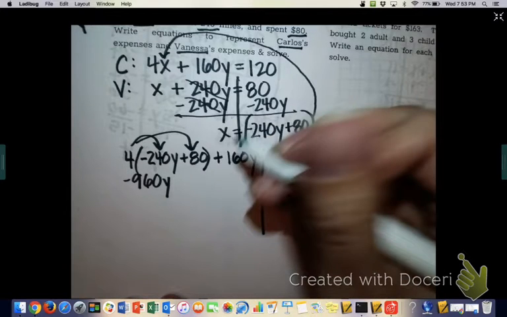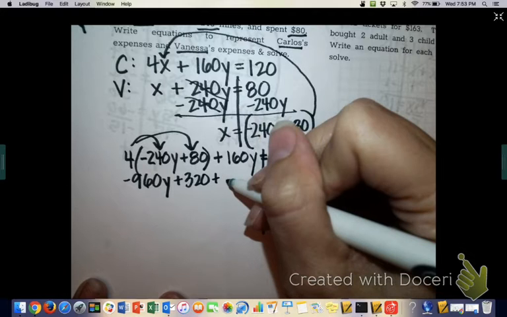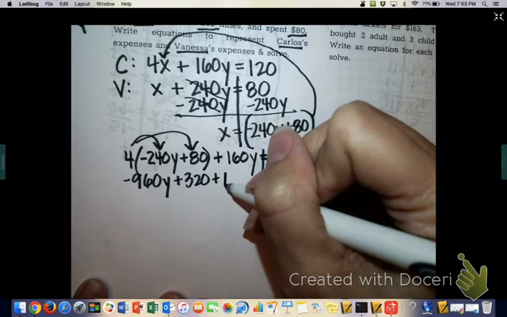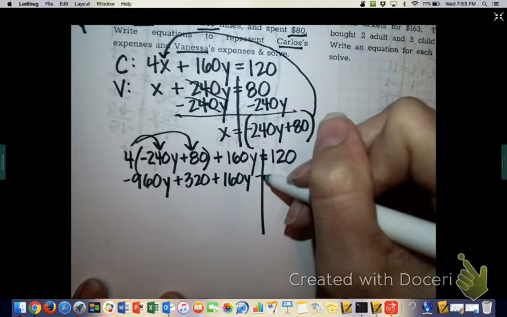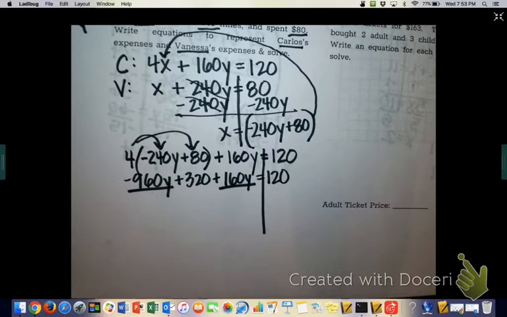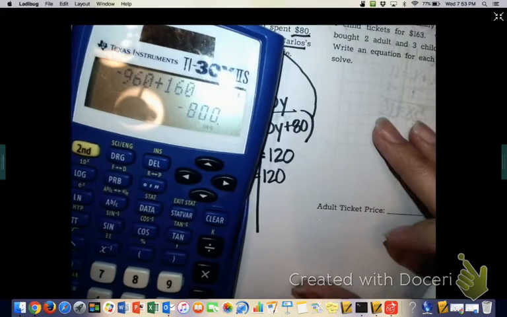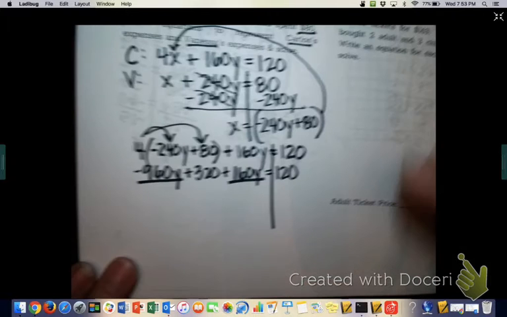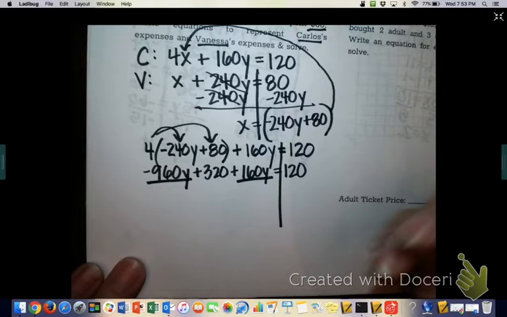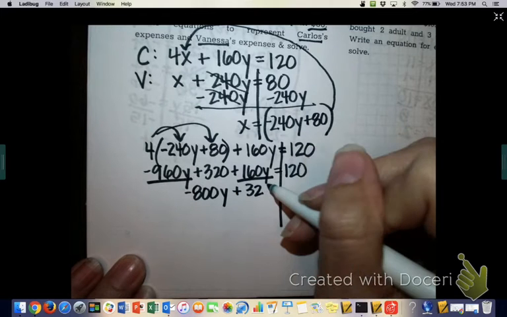So plus 320 plus 160Y equals 120. These are like terms, so I'm going to combine them. Negative 960 plus 160 is negative 800. So negative 800Y, bring down your plus 320, equals 120.